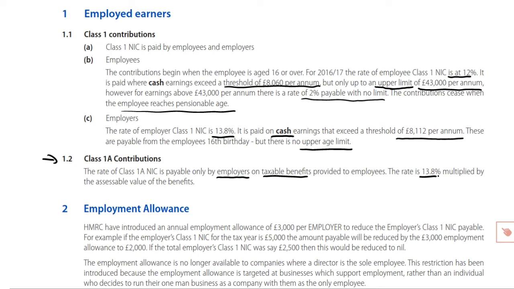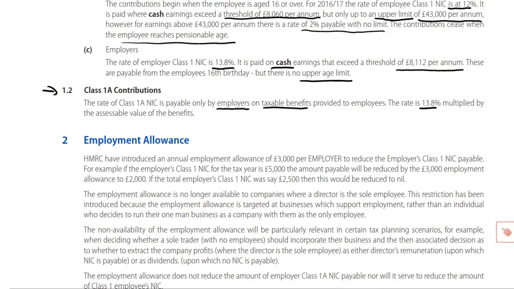So far as the employee is concerned, above £8,060, 12% goes up to £43,000 per annum. Above that, a welcome reduction, it is only 2% thereafter. Class 1A contributions are only payable by employers, on just the taxable benefits, and again a standard single rate of 13.8%.